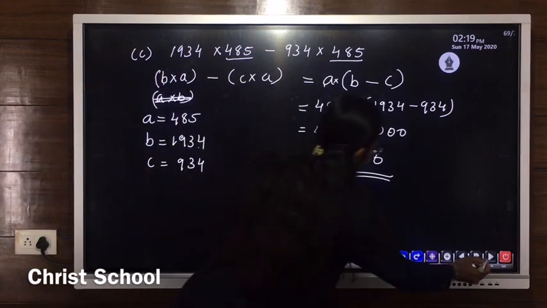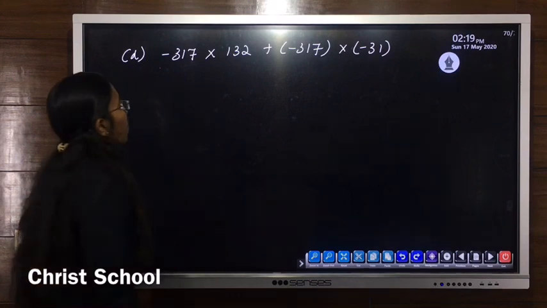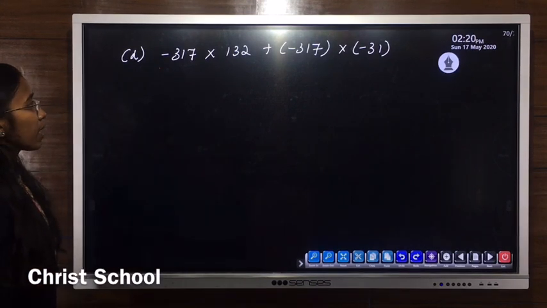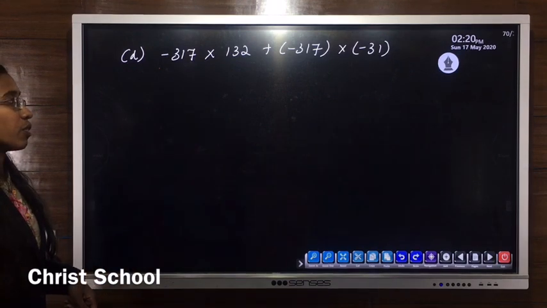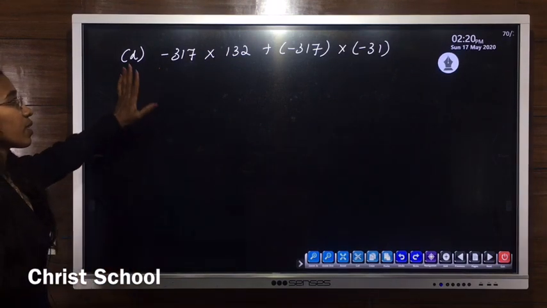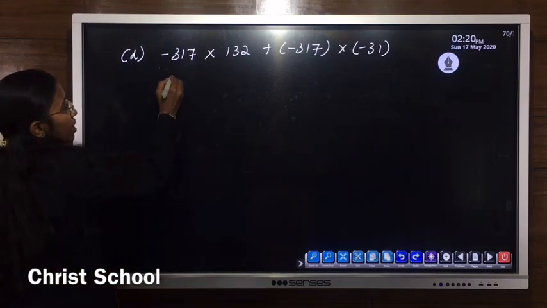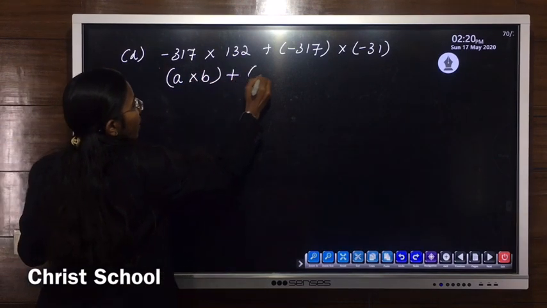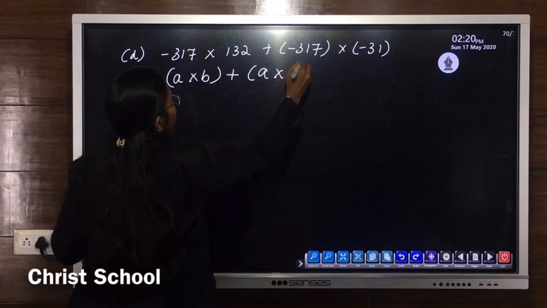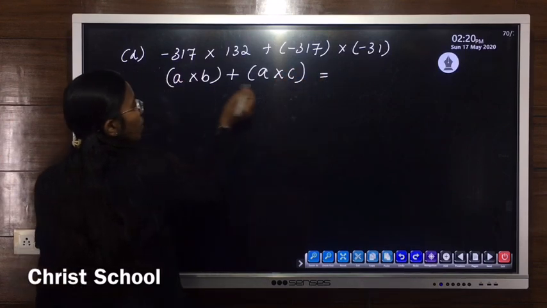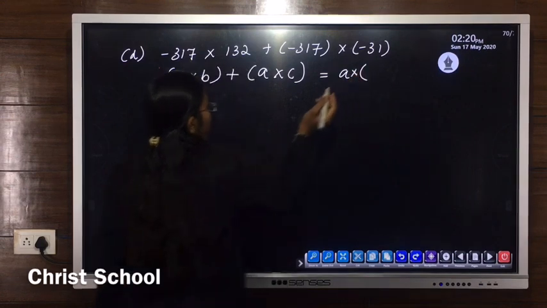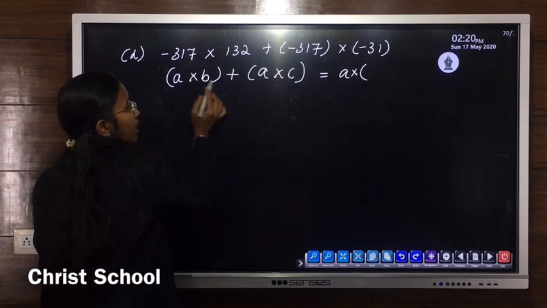And D part: minus 317 into 132 plus minus 317 into minus 31. This is also the same way. This equation, A into B plus A into C, the common number is A. So we take this common A outside, and then what is inside?